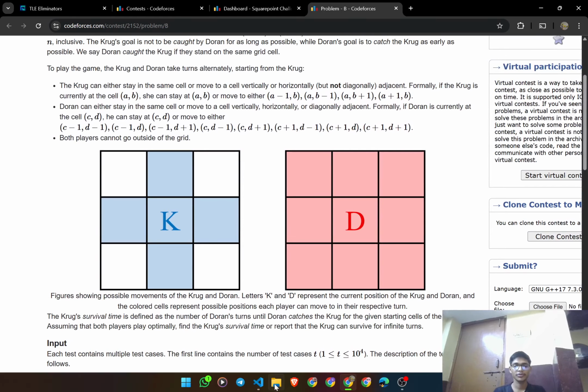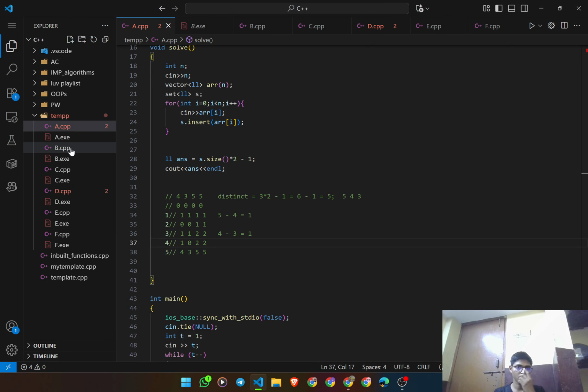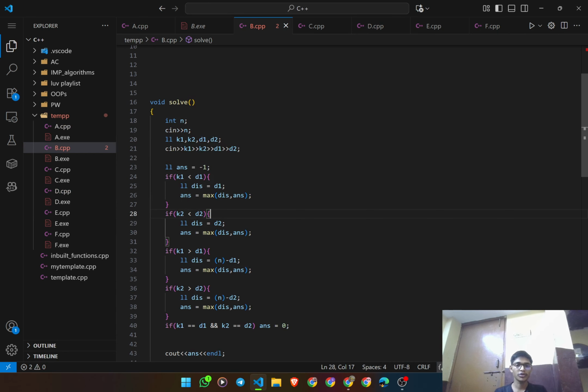So this is the solution, with K1, K2 and D1, D2. We can consider them as the thief's coordinates, where K1 represents the row and K2 the column. D1 and D2 represent the police row and police column.